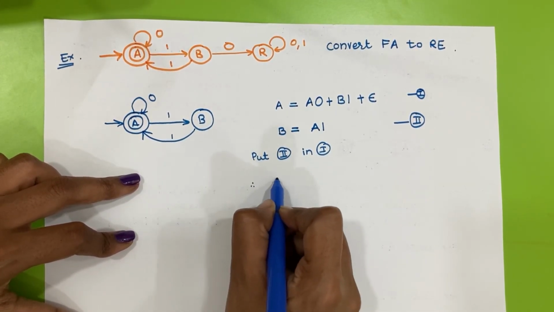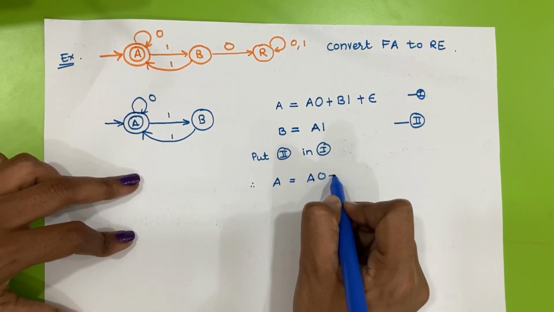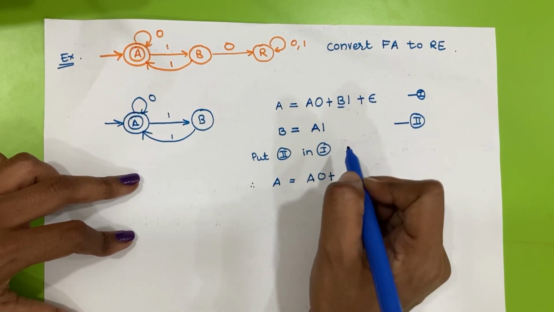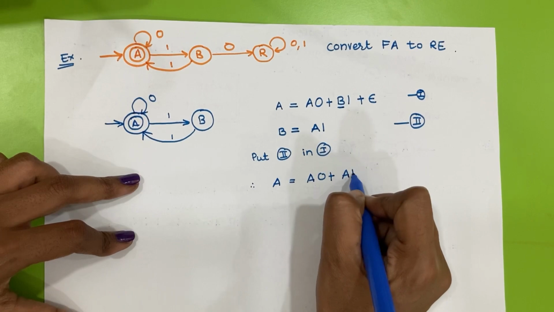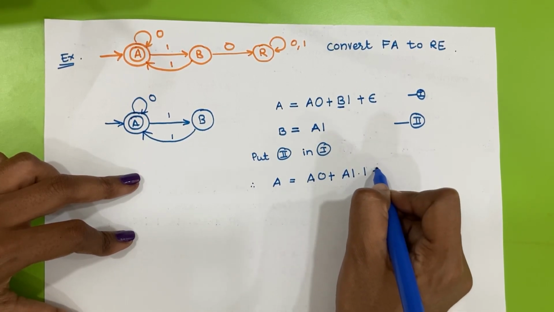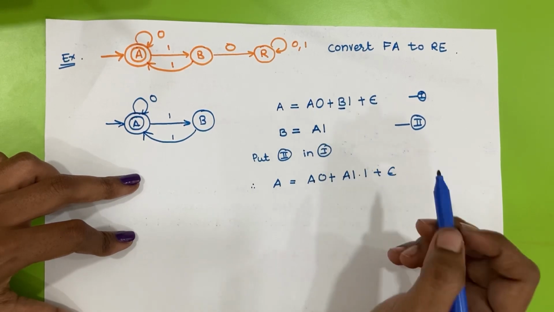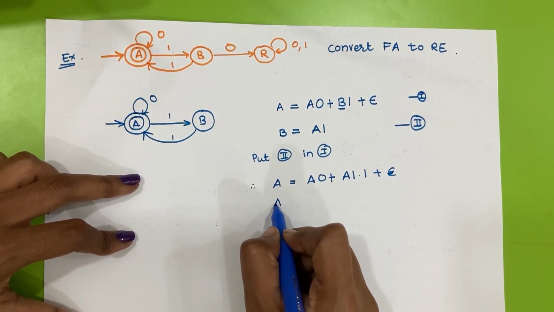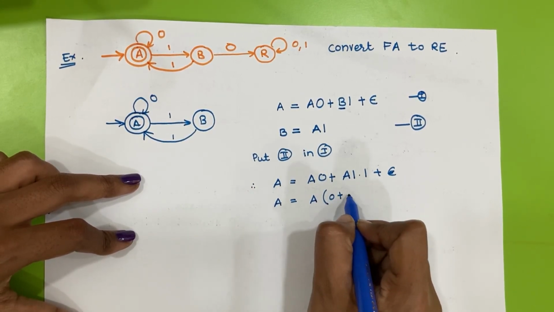Therefore A is equal to A 0 plus, instead of B I'll put the value of B as A1 dot 1. So this one will remain as it is and the value of B is A1. Now plus empty.